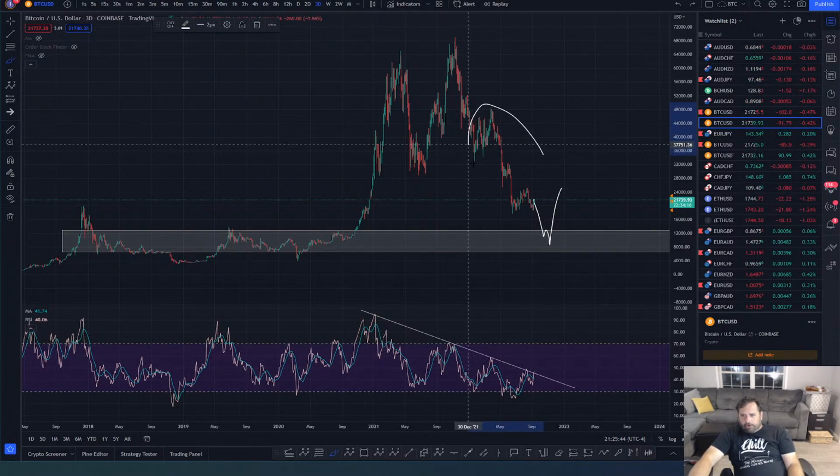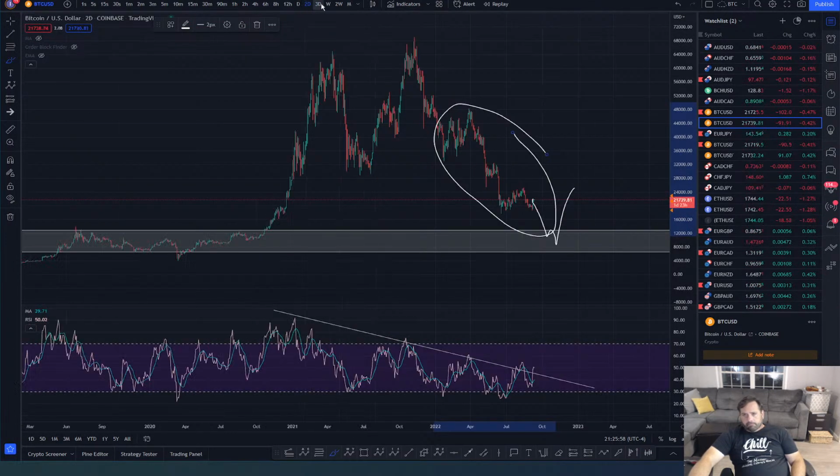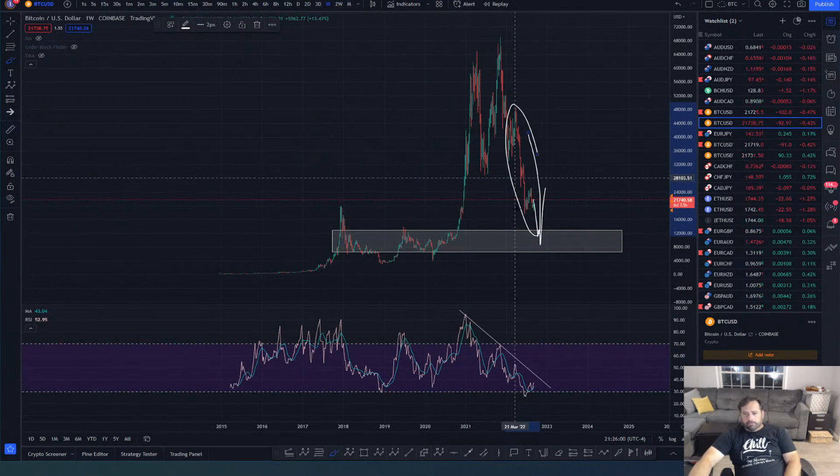This structure is so big that I should see the divergence on the weekly chart. I should see it, but I don't see it. The 3-day, it's not there. So anyway, I'm inclined to wait for the divergence to call the bottom.